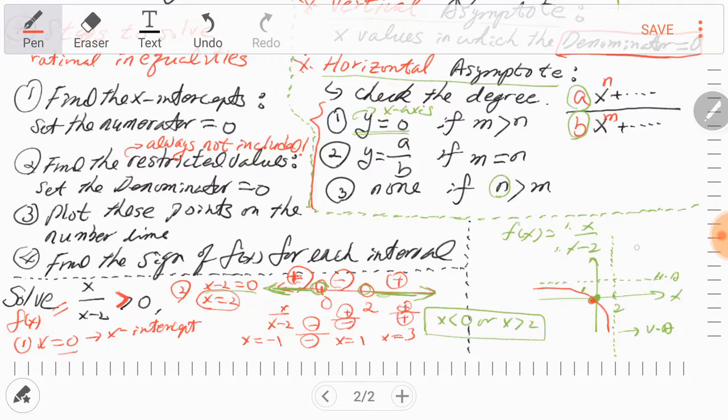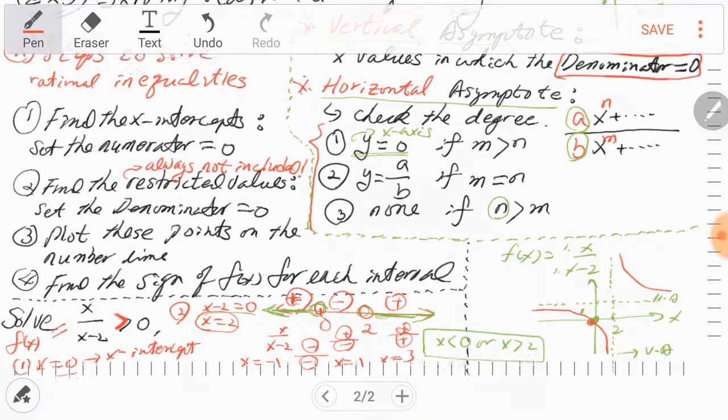So the graph should approach the horizontal asymptote and the vertical asymptote. So this is the only place where the graph should be sketched. So this is the graph. If you graph x over x minus 2 on your graphing calculator, it should look like this.